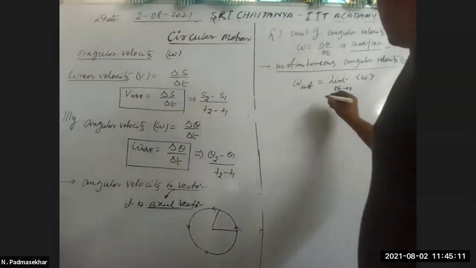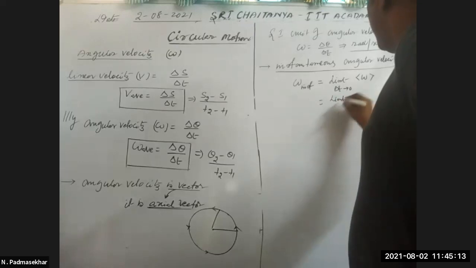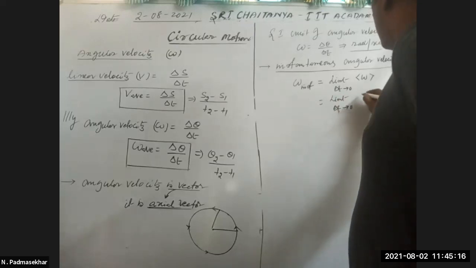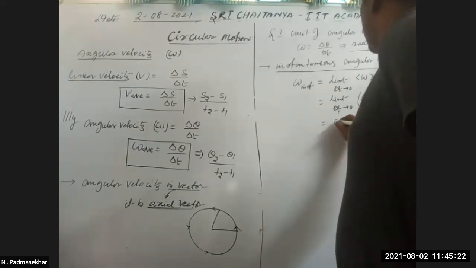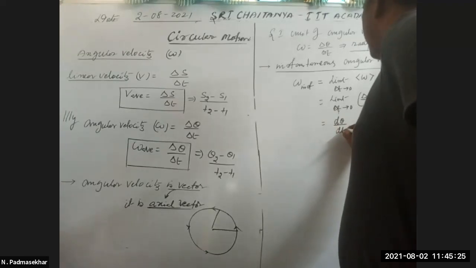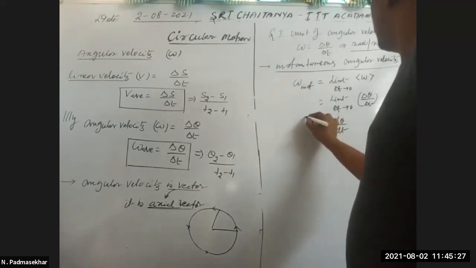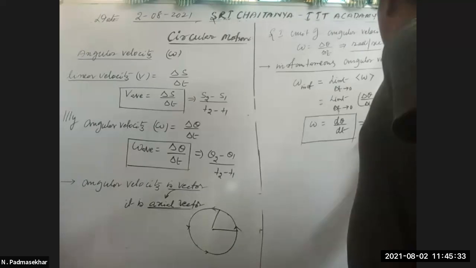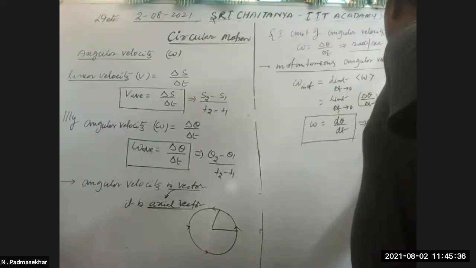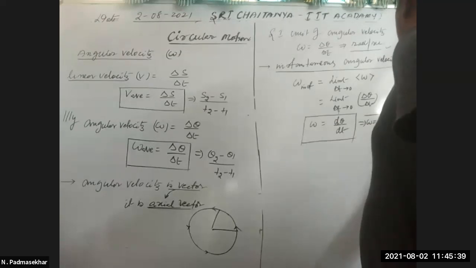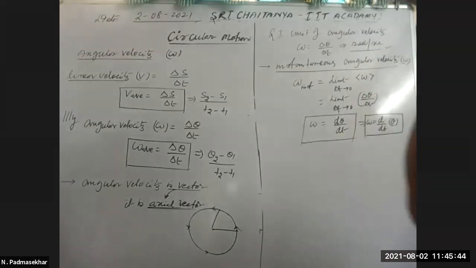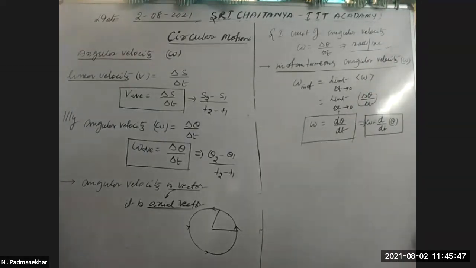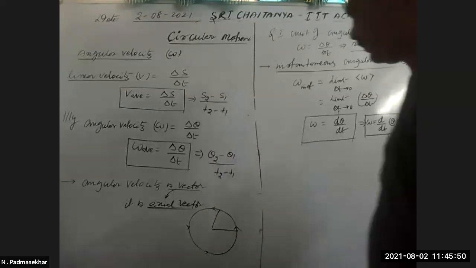So this is limit delta t tends to 0 of delta theta by delta t, which is d theta by dt. It is simply omega. Omega is equal to d theta by dt, or d by dt of theta, where theta is a function of time. So this is the angular velocity.